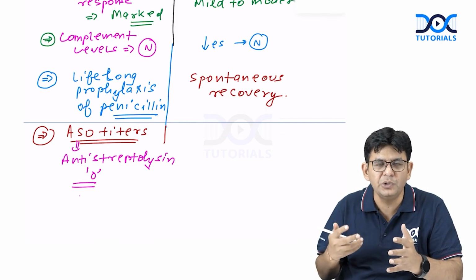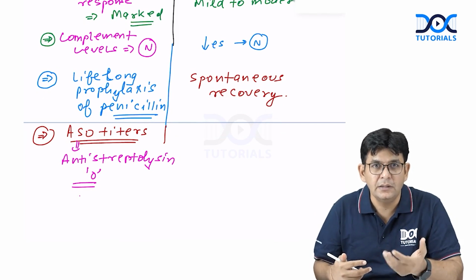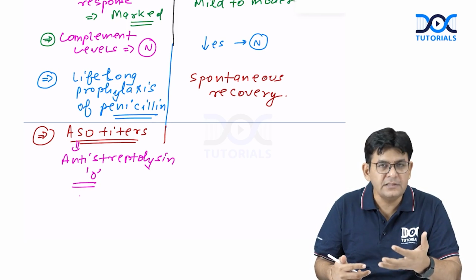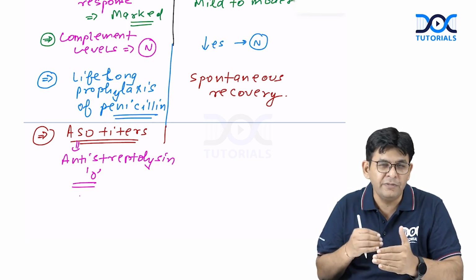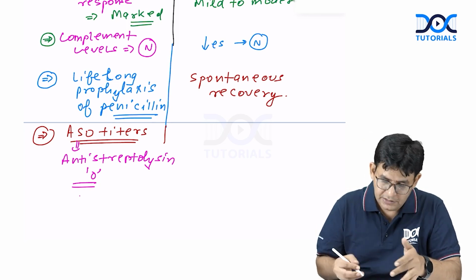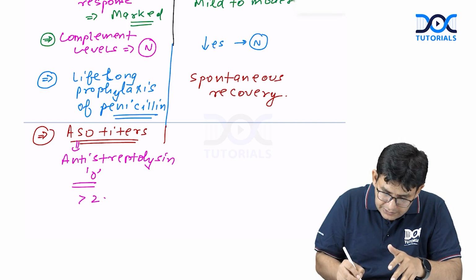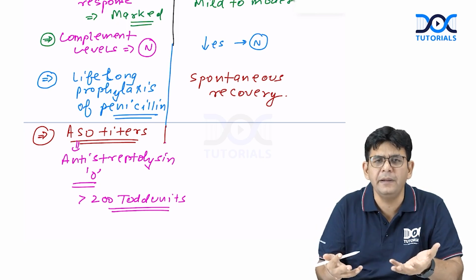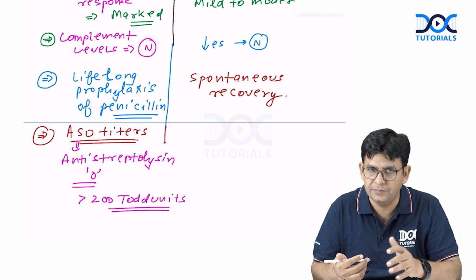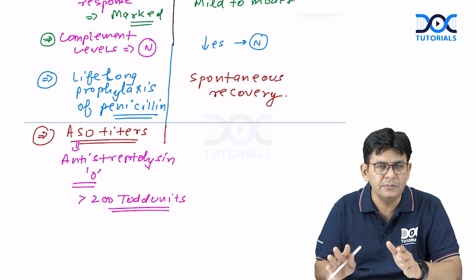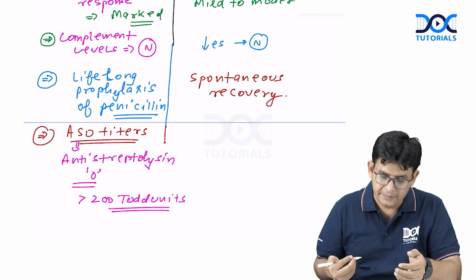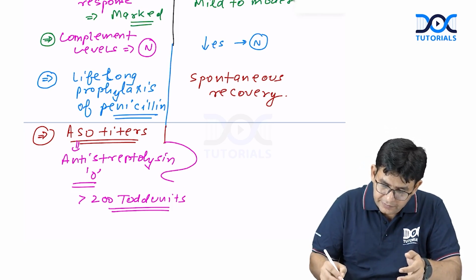But still you should know which titers we look at in acute rheumatic fever. The answer is ASO, but now they have significantly lost their relevance. ASO titers more than 200 Todd units might be related with acute rheumatic fever. It is not a confirmation, just a presumptive finding that it might be acute rheumatic fever.